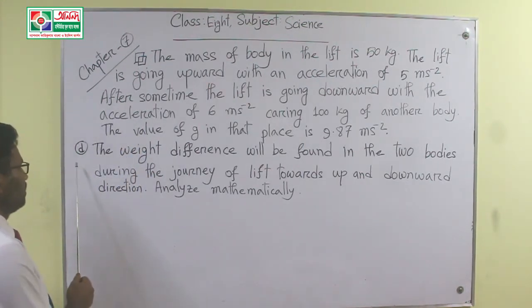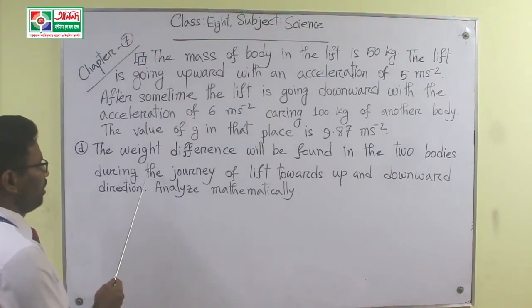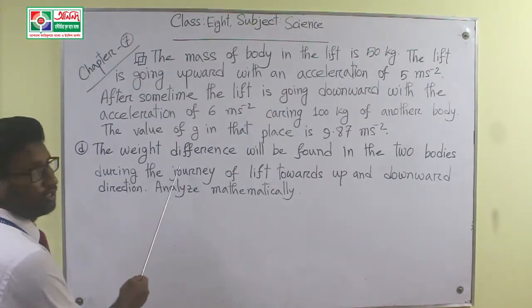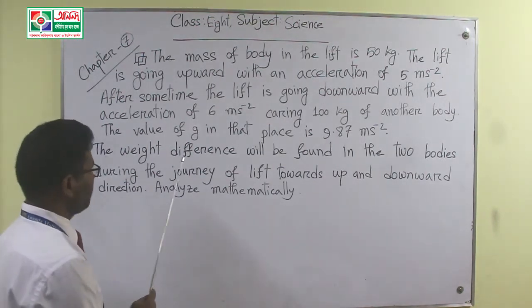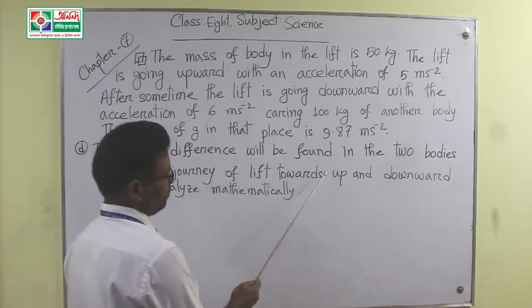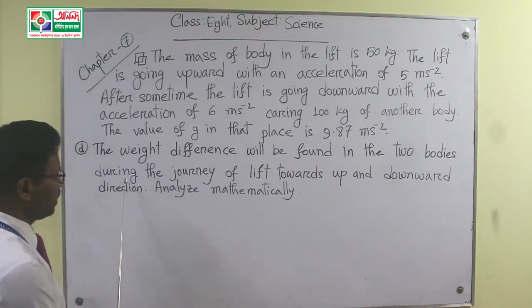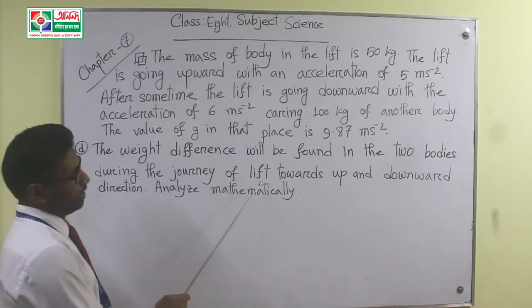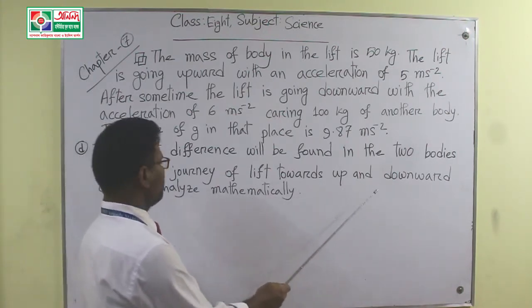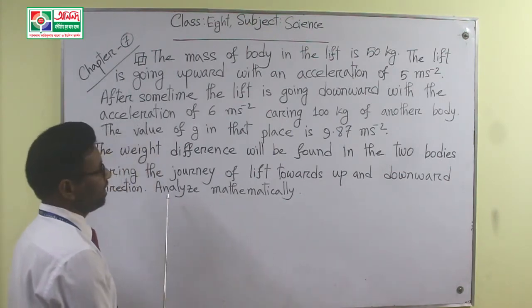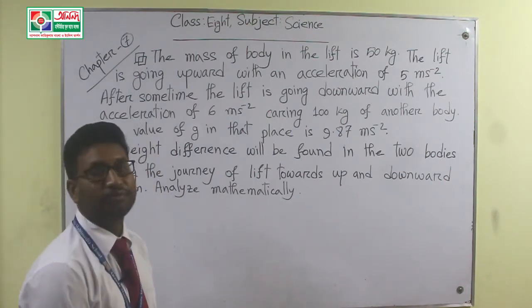Questions two: denote the weight difference. Again, I say that the weight difference will be found in the two bodies during the journey of the lift in the upward and downward direction. Analyze mathematically.